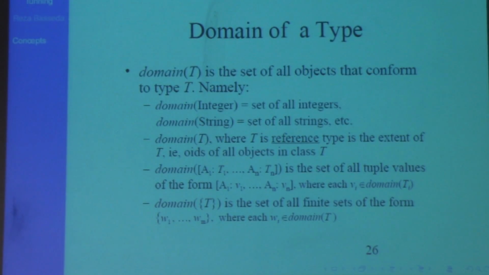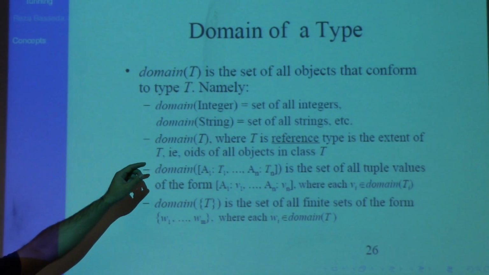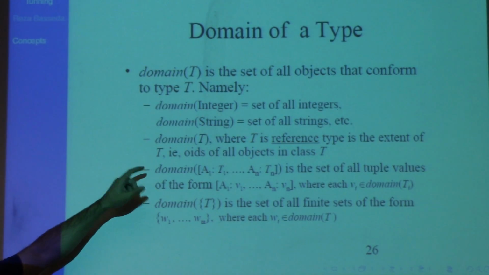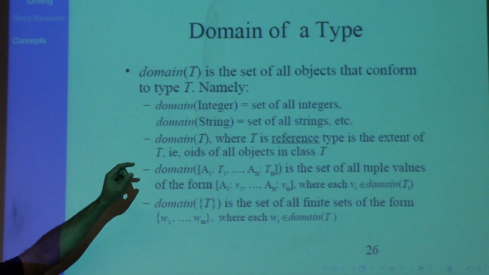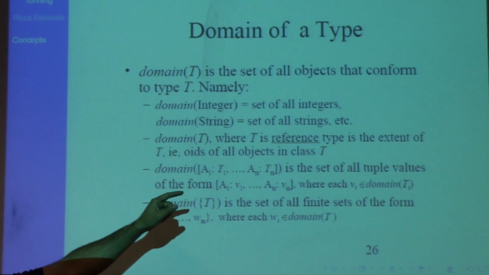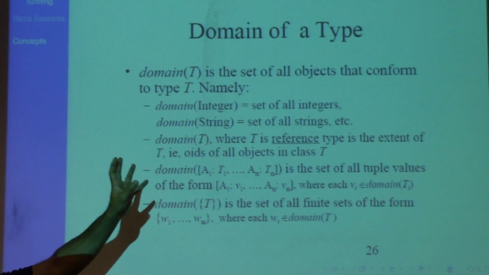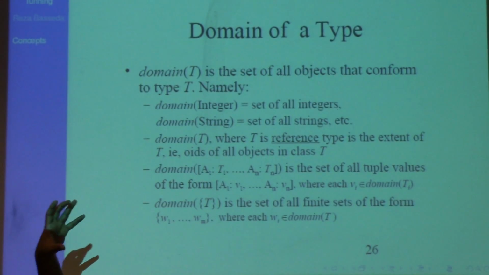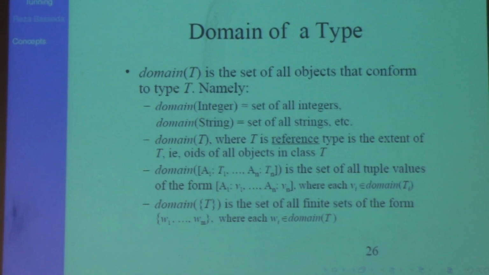And also, if T is a reference, then the domain of T will be all of the objects that can fit in the extent of that T. For example, if T is a reference to an object of a student, then the domain of T is all of the pointers to all of the objects that are students. It cannot be a pointer to objects like departments.